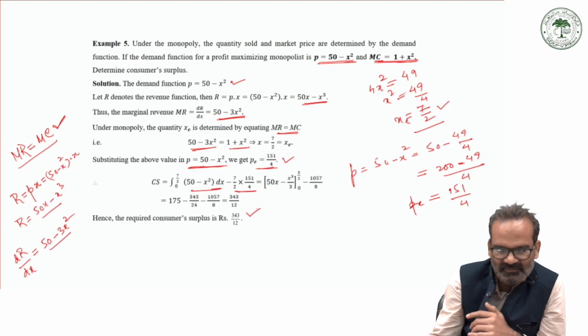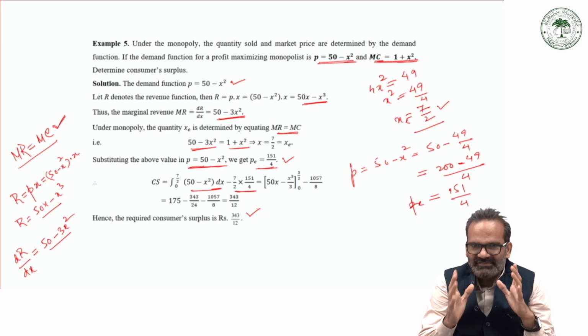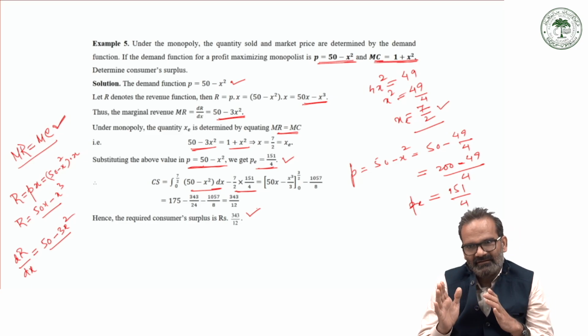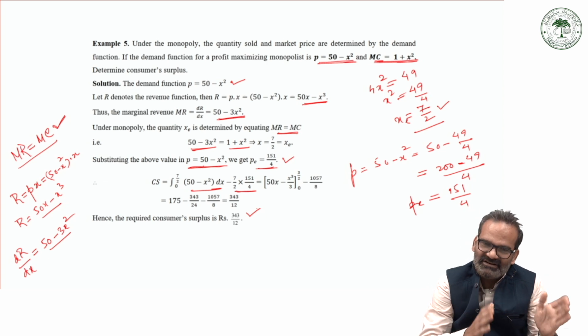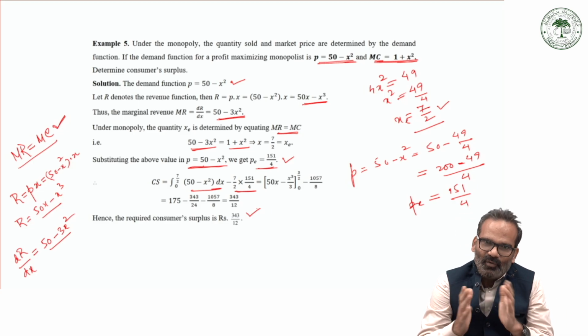So the consumer surplus is coming out to be 343 upon 12, right? So we have seen how we can determine the consumer surplus in general, then using case 1, that is under perfect competition, and case 3, how we can determine the consumer surplus under monopoly, right?